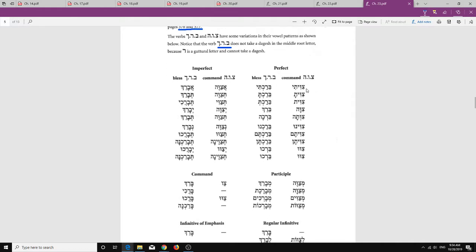We have tzivviti, tzivvita, tzivvit, tzivva, tzivvta, tzivvinu, tzivvitem, tzivviten, tzivvu. I found this one a little hard to say, actually. Okay, so that's our perfect.